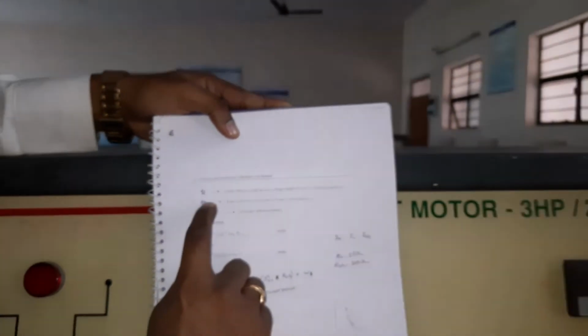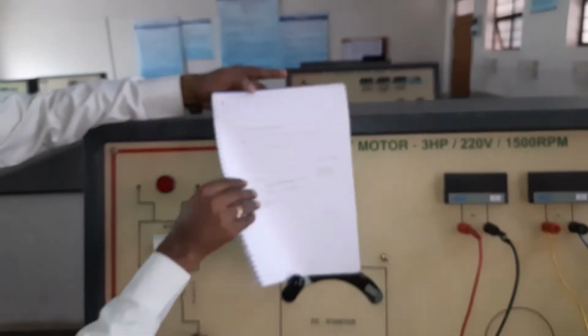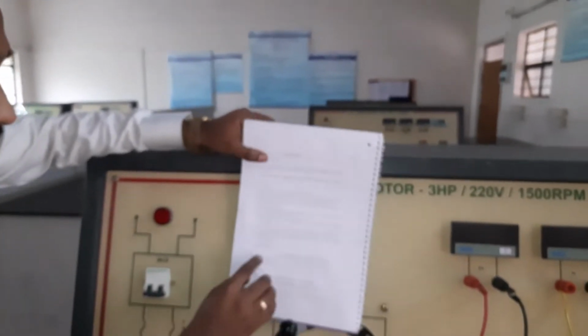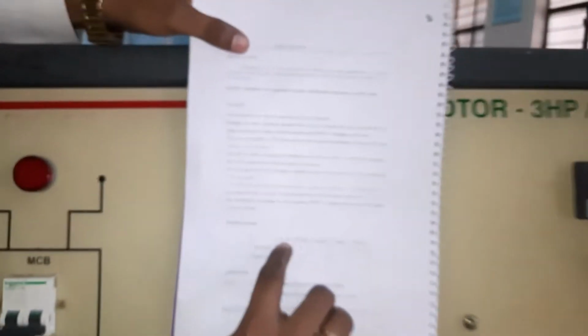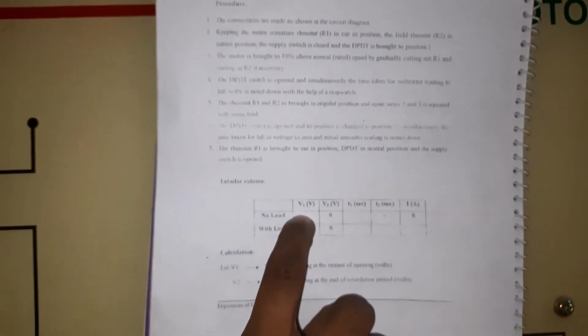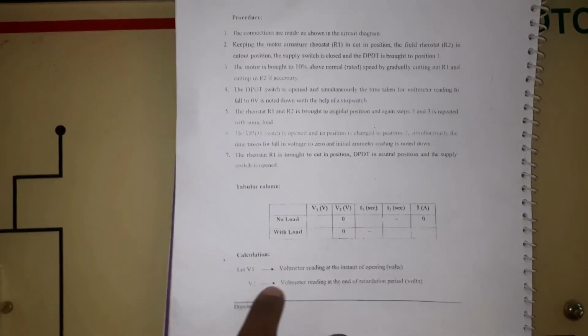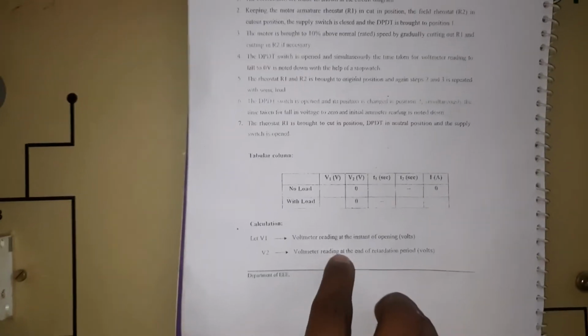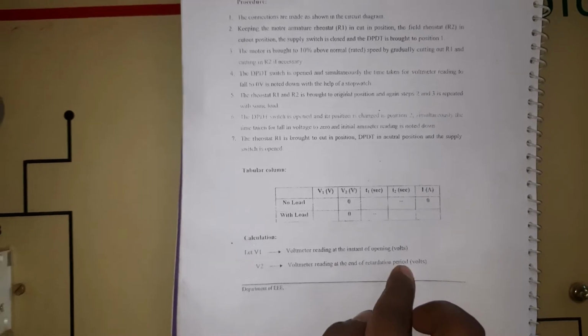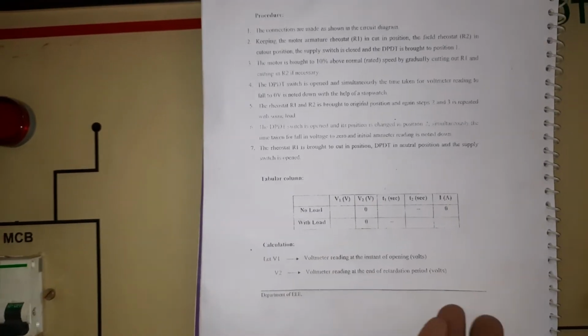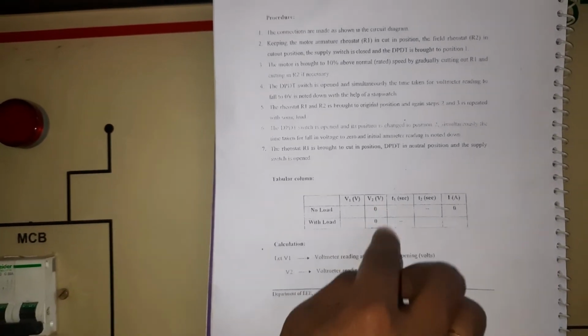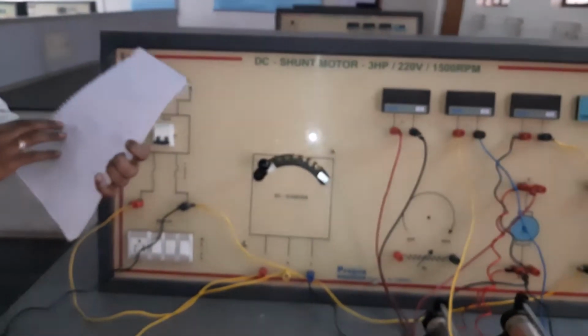This is the second case, where we find out T2. In the first case, the no load condition, we measure V1 as well as T1. V2 means the voltmeter reading at the end of the retardation period, and it is always 0. Okay, now we will start the experiment.